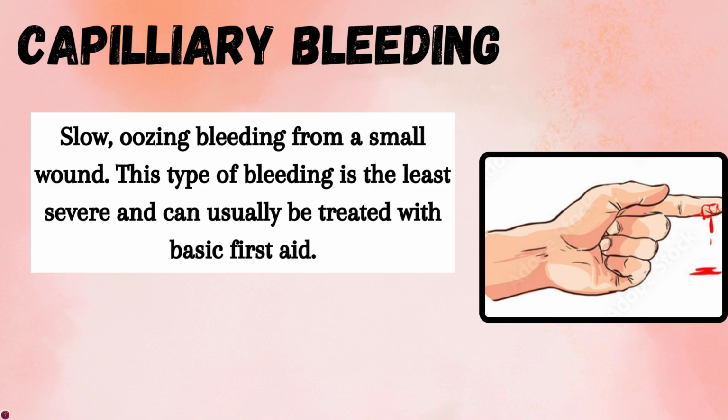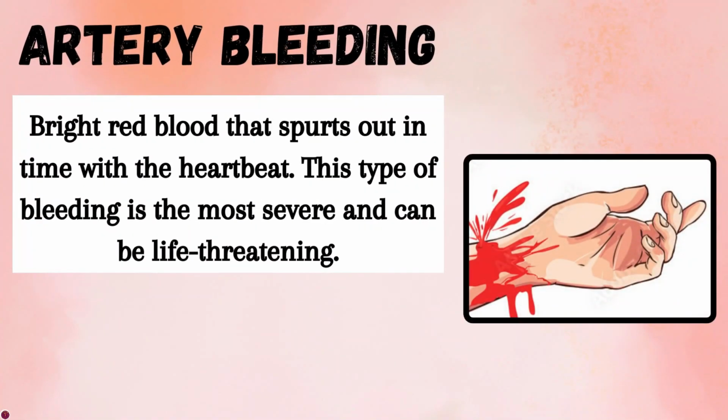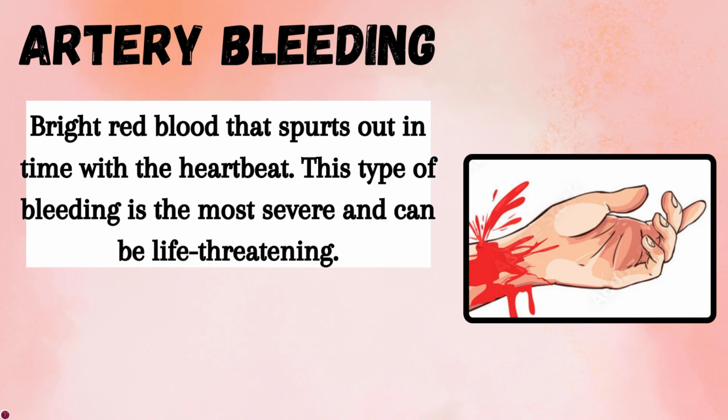Capillary bleeding is the least severe and can usually be treated with basic first aid. Loss of bright red blood that spurts out in time with the heartbeat is known as arterial bleeding. This type of bleeding is the most severe and can be life threatening.